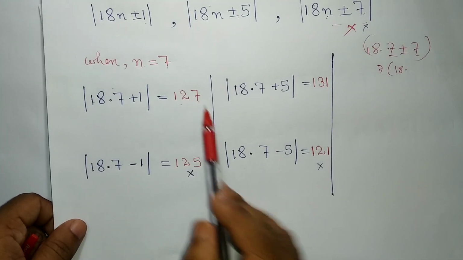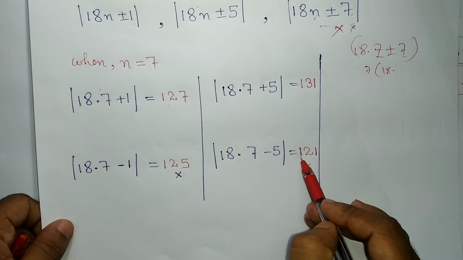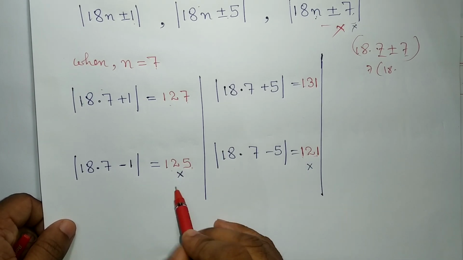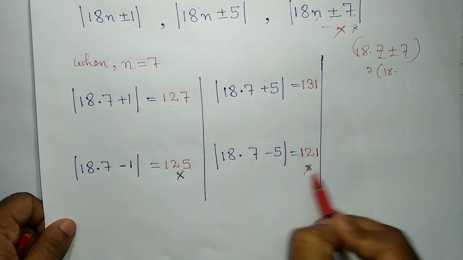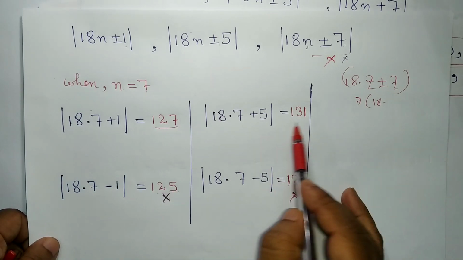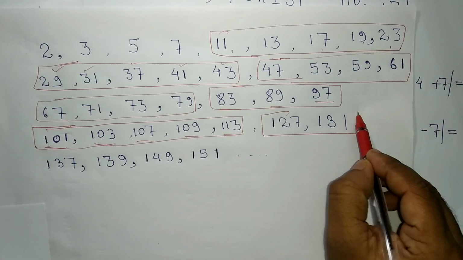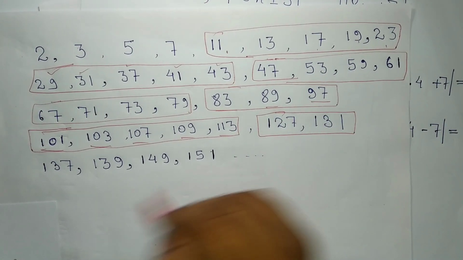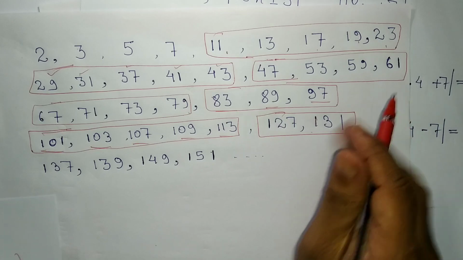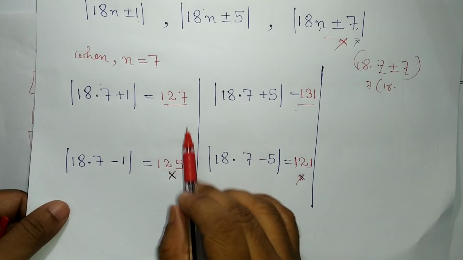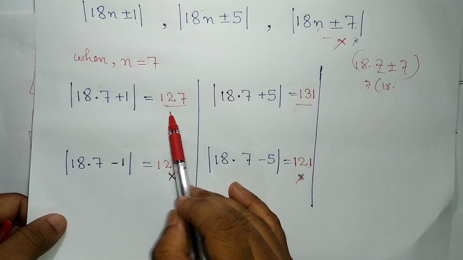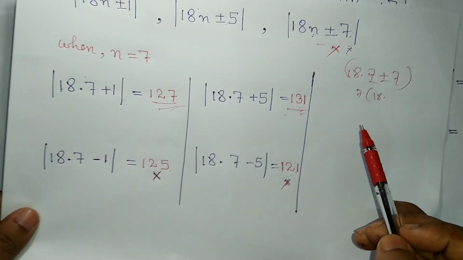We get 127, 131, 121, 125. These two are composite, but here 50% are prime numbers, meaning 127 and 131 are prime. Here the percentage is about 50% because out of 4 outcomes, only 2 are prime.